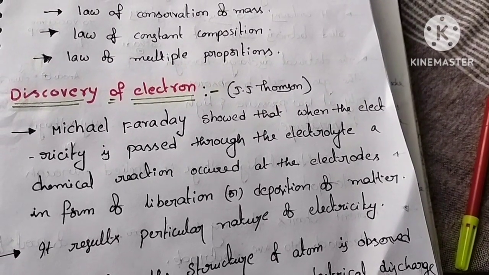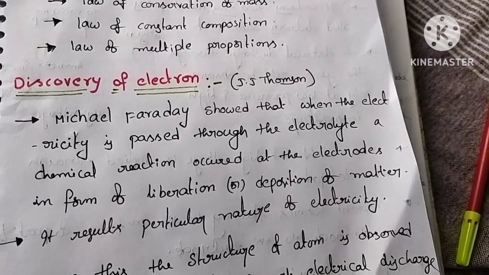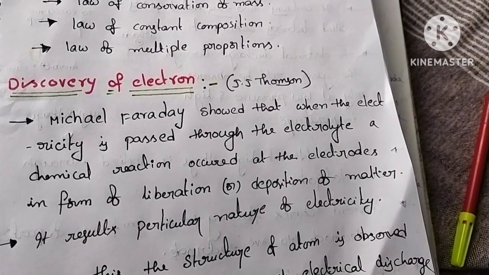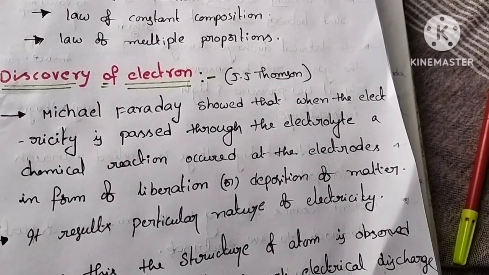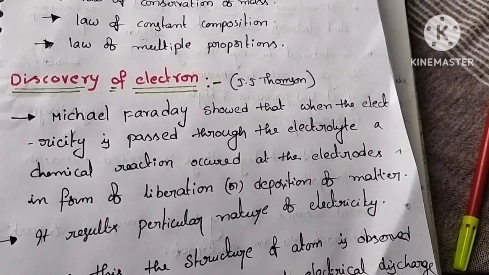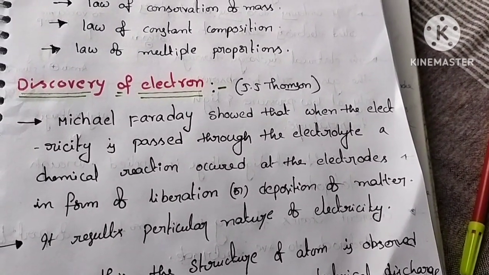The scientist Michael Faraday showed that when electricity is passed through an electrolyte solution, a chemical reaction takes place at the electrodes in the form of liberation or deposition of matter.